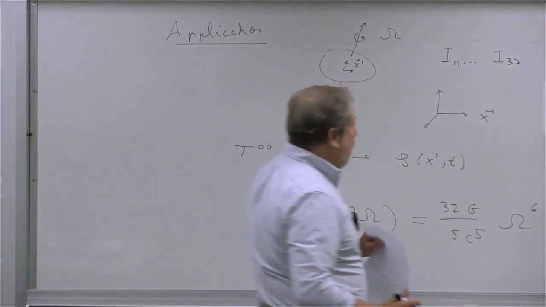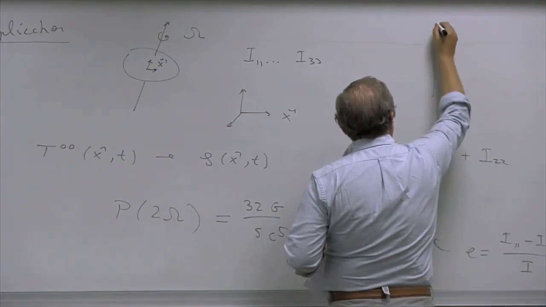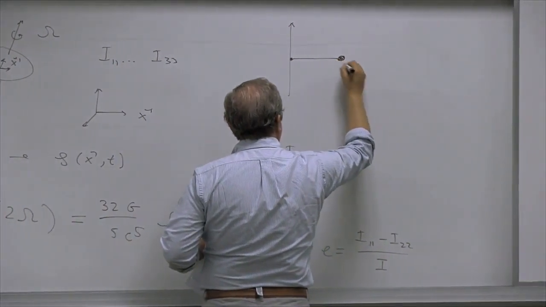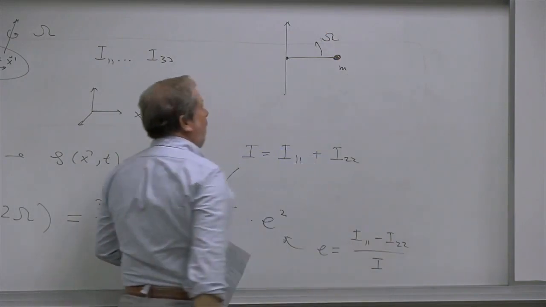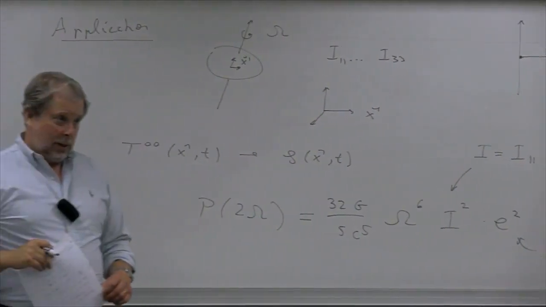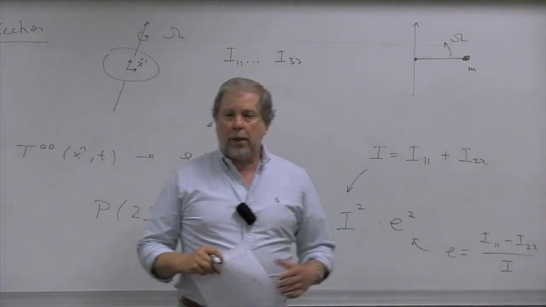As an example, of course, the simplest case would be a mass here that is going around like that, right? And so, for example, you can achieve a non-vanishing quadrupole moment by just looking at Jupiter and its orbit.